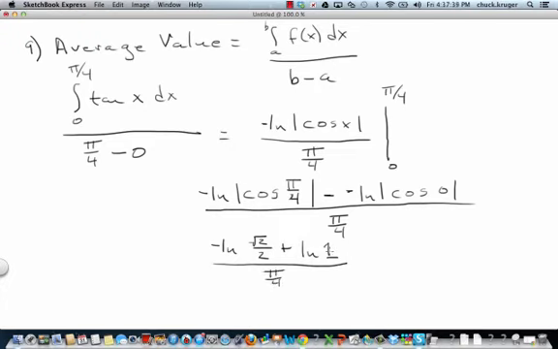So the natural log of 1 is 0, and this is like multiplying by the reciprocal, so I have 4 over pi times the negative natural log of the square root of 2 over 2. So I have a negative 4 over pi times the natural log of the square root of 2 over 2. Now I could simplify that even further, but I think I'll just stop right here.